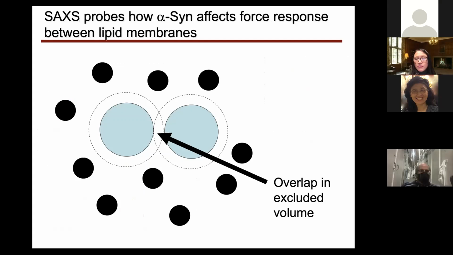One image that one can keep in mind is that if I have alpha-synuclein adsorbed to the surface, with the N-terminus in an altered, alpha helical state that is embedded into the membrane, but with the C-terminus still as an intrinsically disordered protein, it might look like it is forming a brush that is mediating the interactions between the two systems.